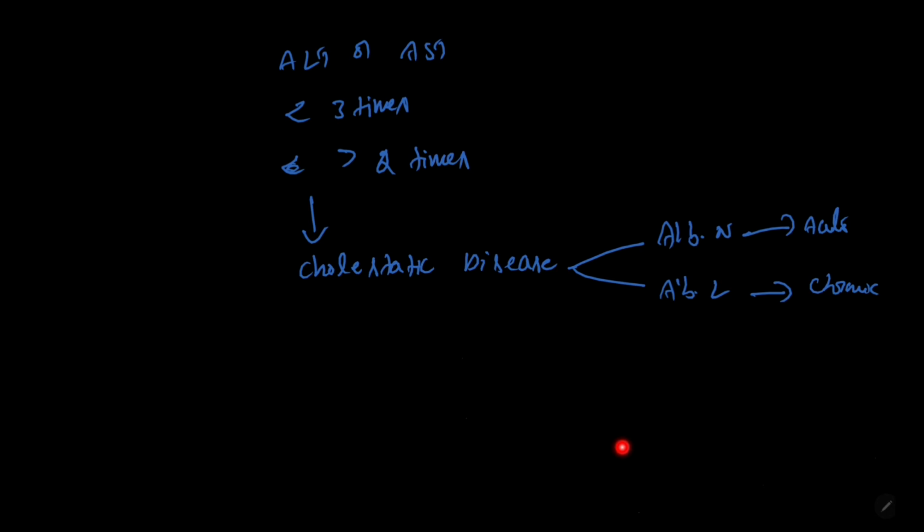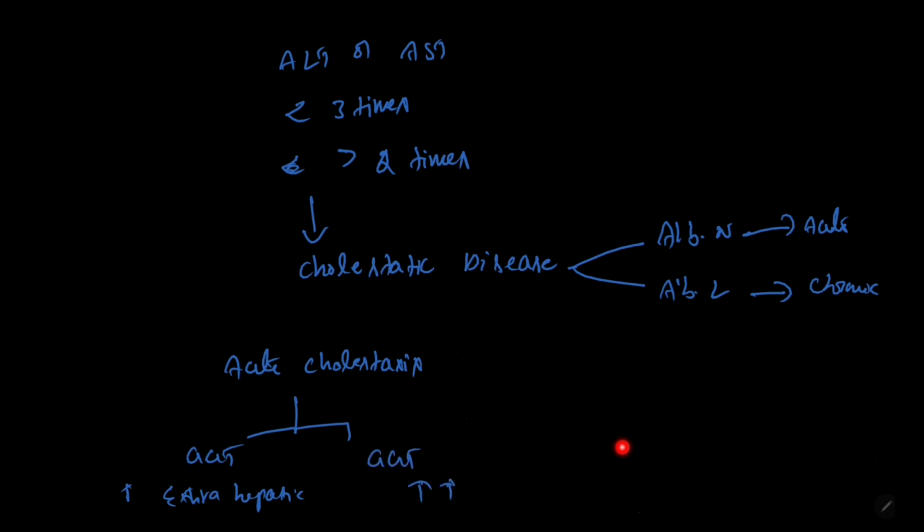In case of acute cholestasis we can check the GGT values. If GGT is mildly increased, it will be extrahepatic cholestasis. If GGT values are very much elevated, then it will be internal cholestasis.